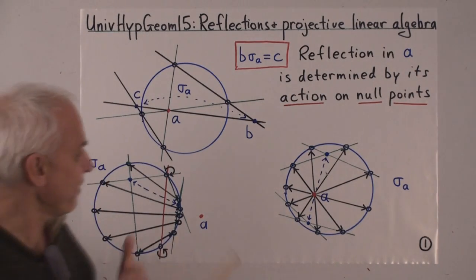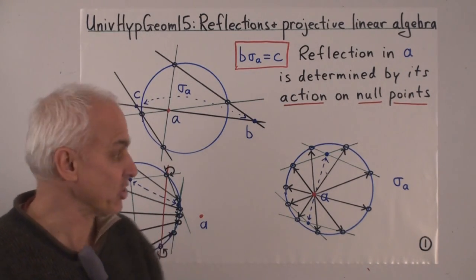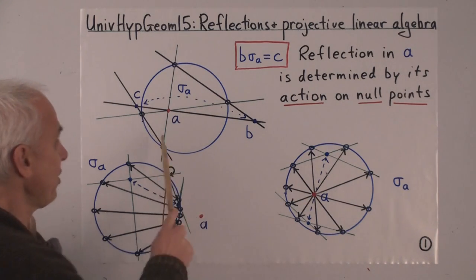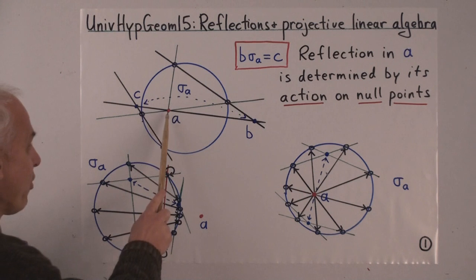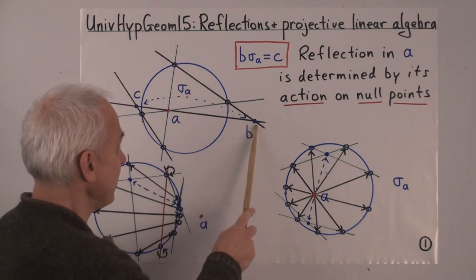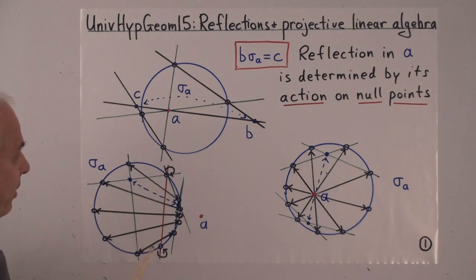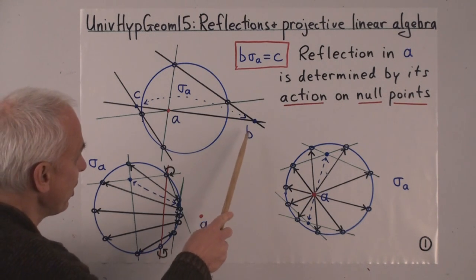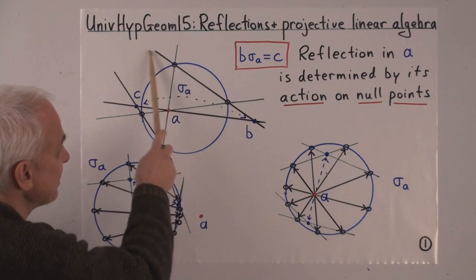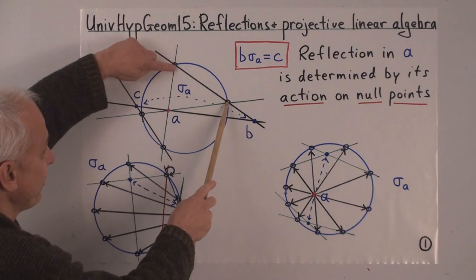So I remind you we have a physical or geometrical definition of reflection in a point. Here's our unit circle or a null circle. Here's a point A. And how did we define reflection in a point A? Well, suppose we want to reflect this point B. Then we were going to draw a line through B which meets the null circle in 2 points.